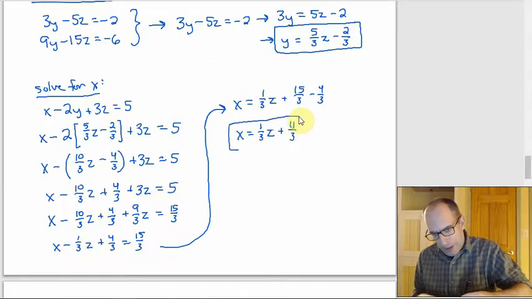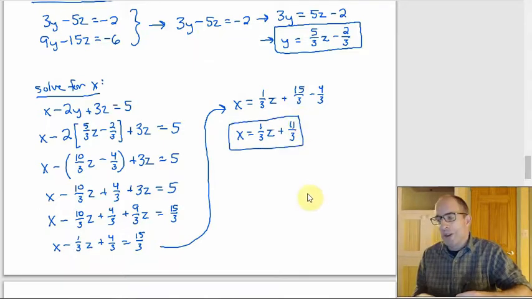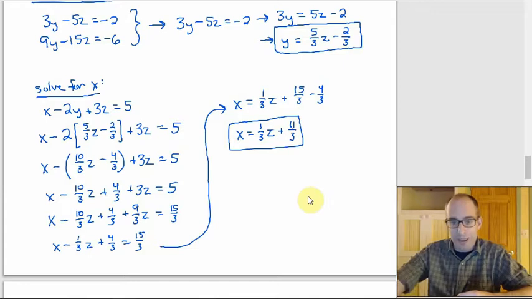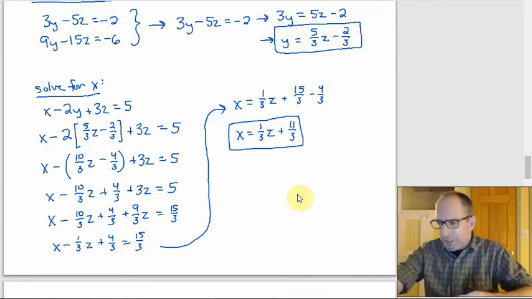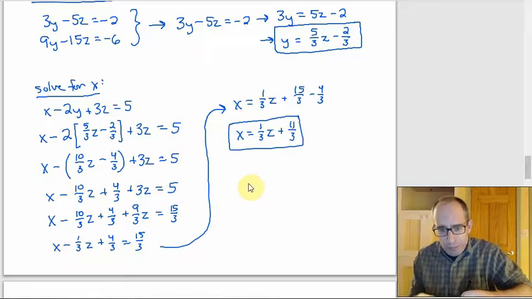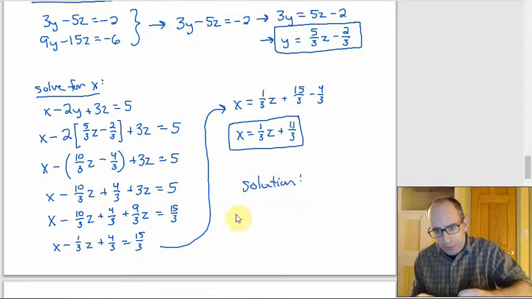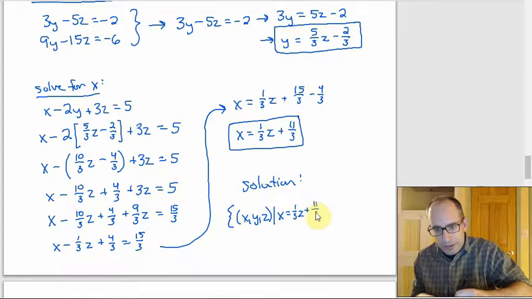So, okay, well then what does the solution look like? You can't write this as an ordered triple. No, you can't, because we don't have numbers. Gotta write it in set notation. So, what the solution would look like, it would be the set of all ordered triples x, y, z, such that x is 1/3 z plus 11/3.